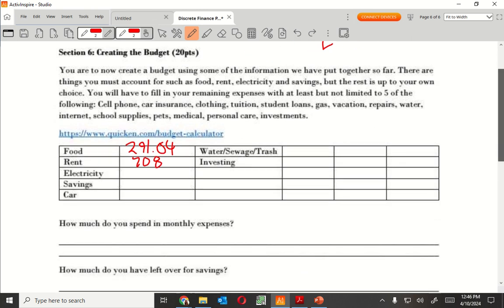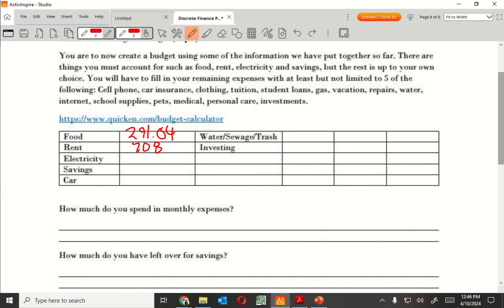Electricity. Now, to get electricity, you had to take your square foot, times 0.15. So it's 15 cents for every square foot, right? So, to get our electricity, that's all I did.